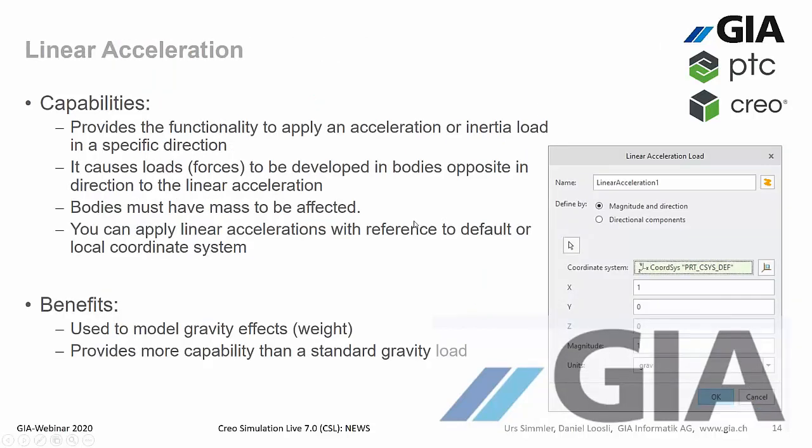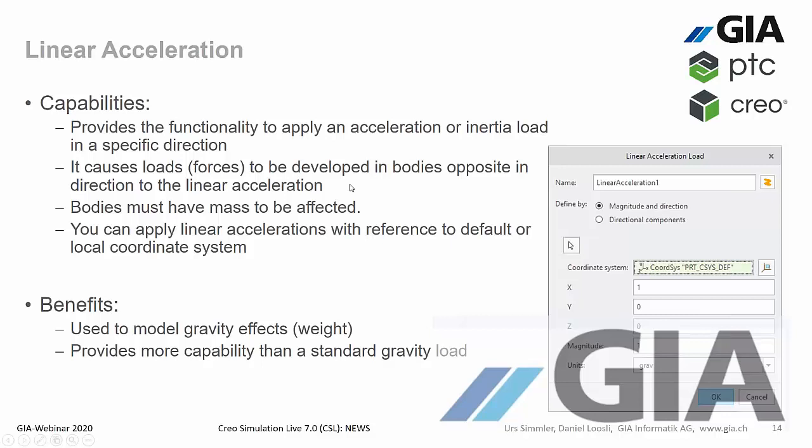Okay, new loading is available, so linear acceleration is now in Creo Simulation Live. That means you can see the influence of the weight of the part, or the influence when you accelerate the part.